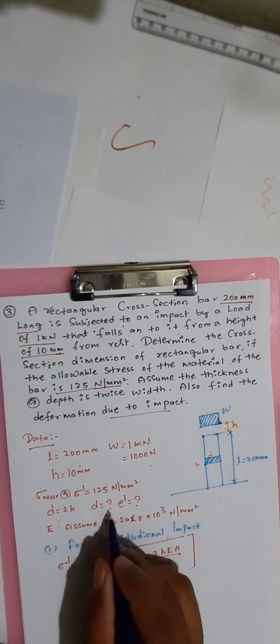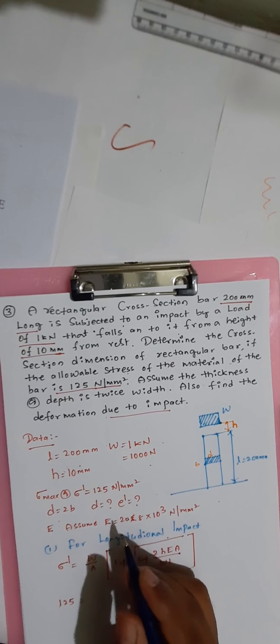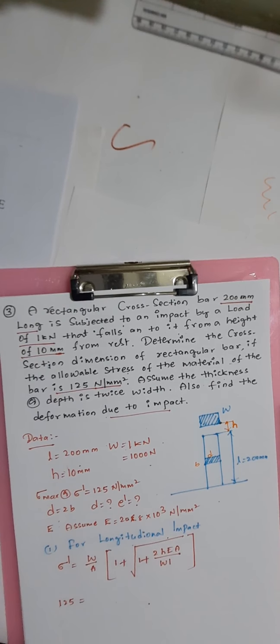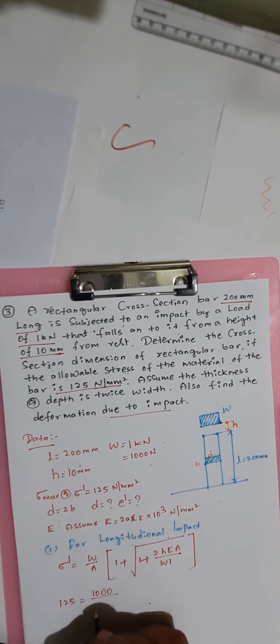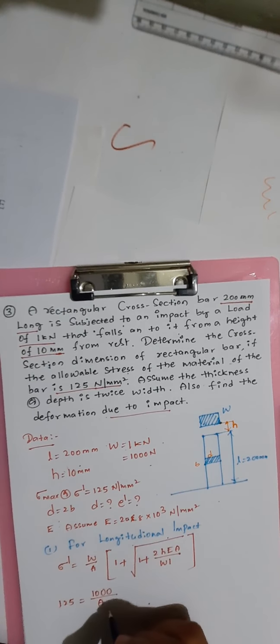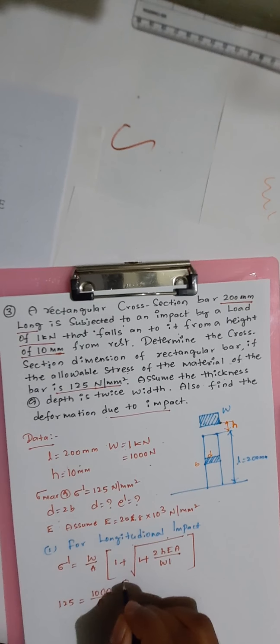We know sigma dash is equal to 125, and we know W, which is 1000. We don't know the diameter, so we keep A as it is.